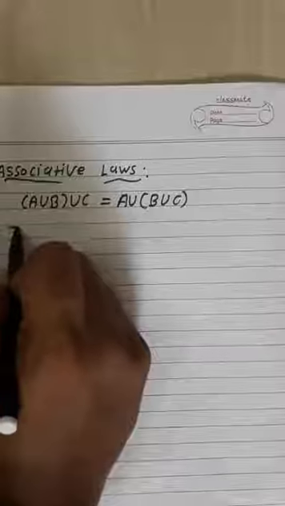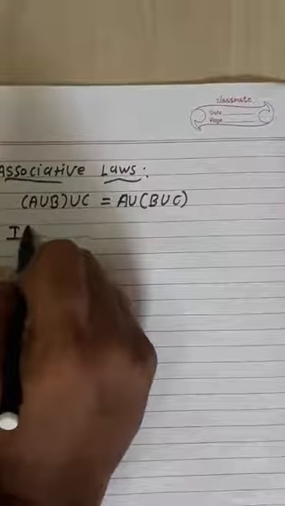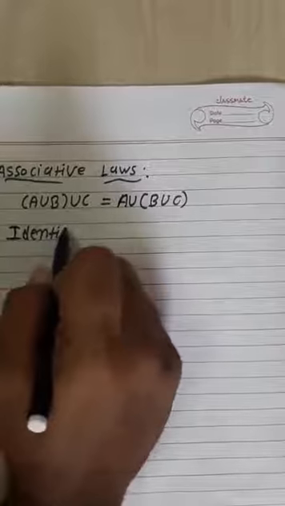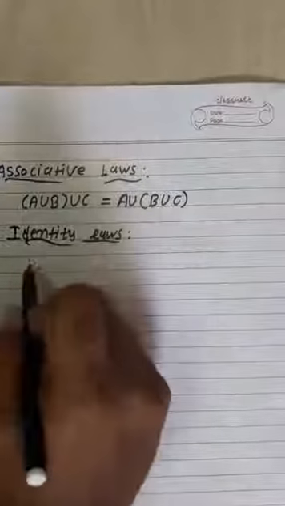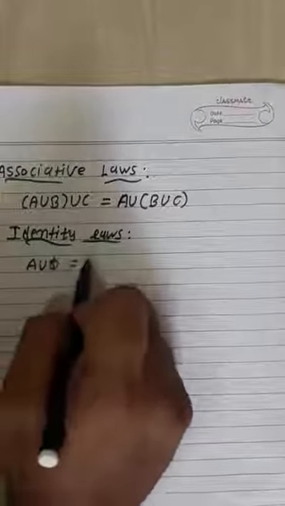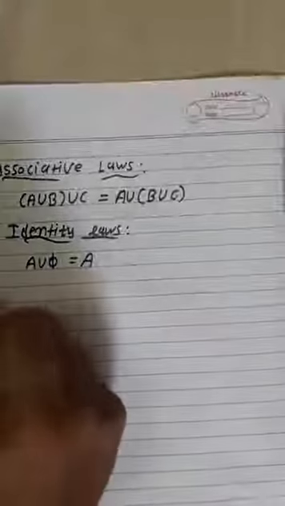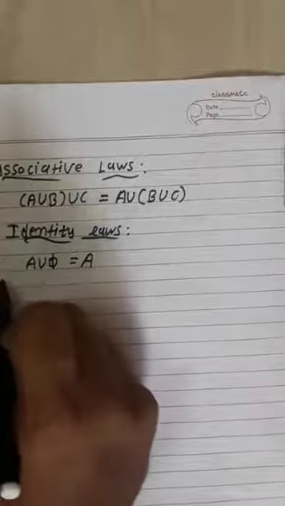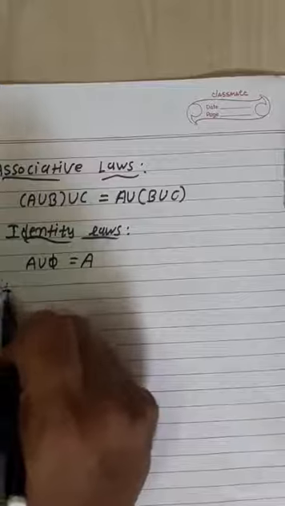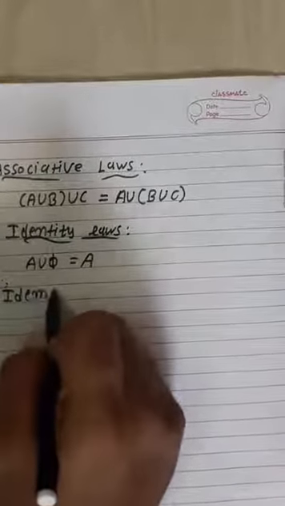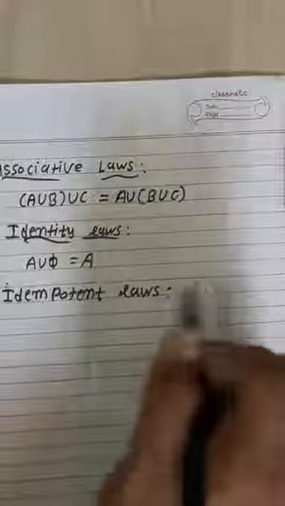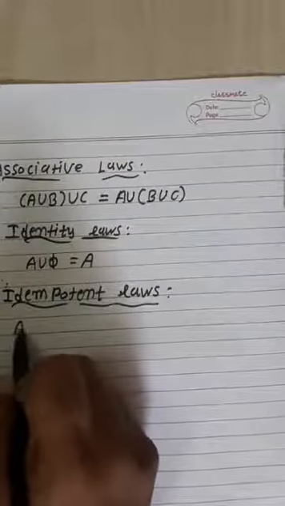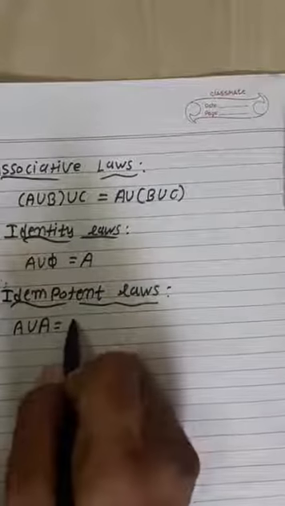Now third one, identity law, otherwise identity laws. So A union null set is equal to A. Fourth property, idempotent law. In idempotent law, A union A is equal to A itself.